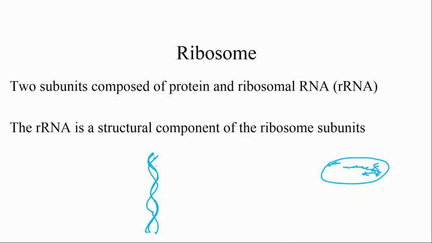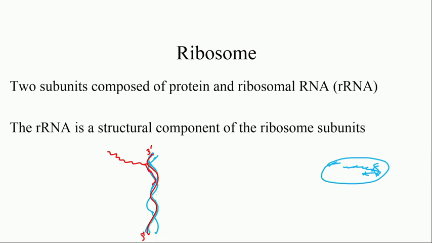So, this is the template strand and now the mRNA is synthesized from this end. Suppose this is your 3 prime and this is your 5 prime end. So, the mRNA is being synthesized from here. Suppose this is the initiation site. As the mRNA is synthesized, it is coming out of the system.